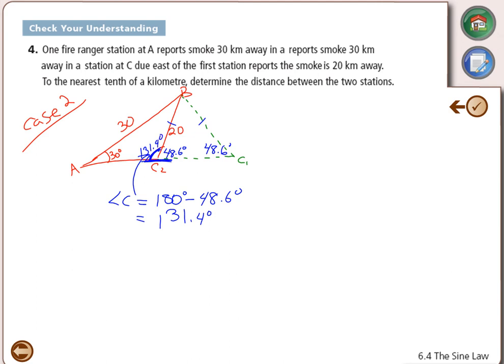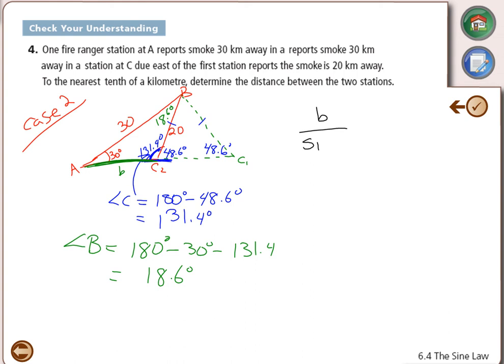Well, now I can find angle B. So then angle B is equal to 180 minus the 30 minus the 131.4, grand total thereof, 18.6 degrees. And now we just got to look for that little b again. Hey, we're back to sine law.